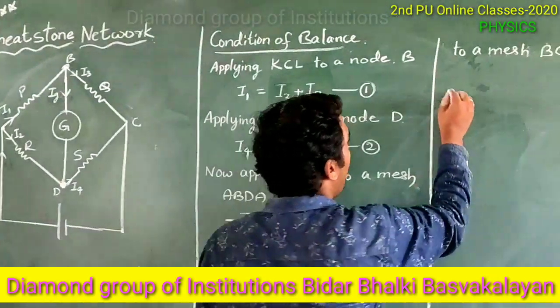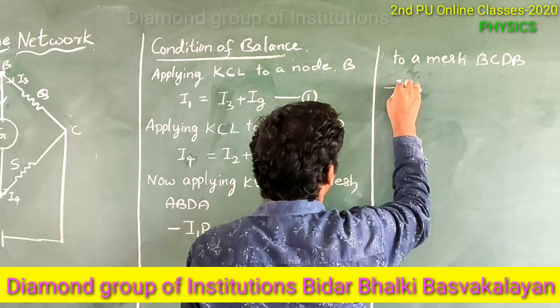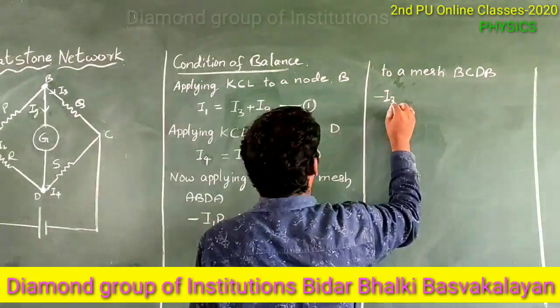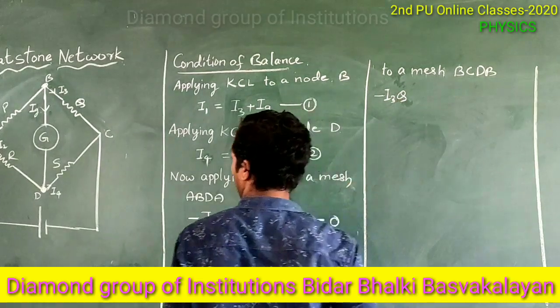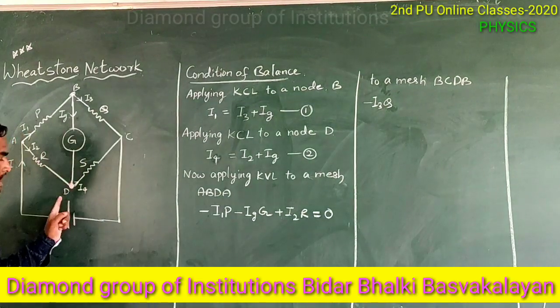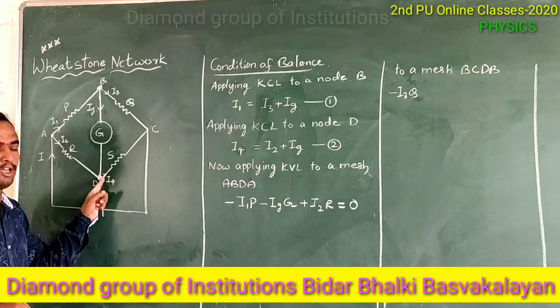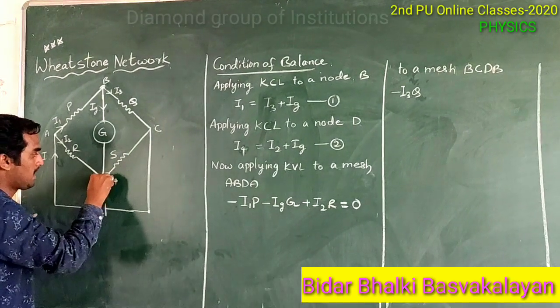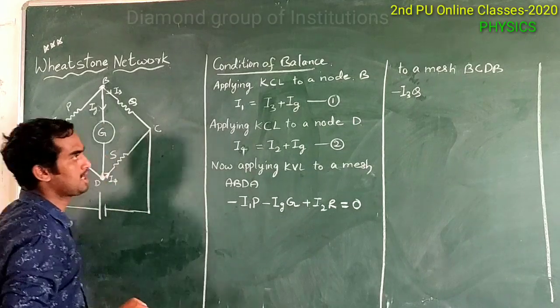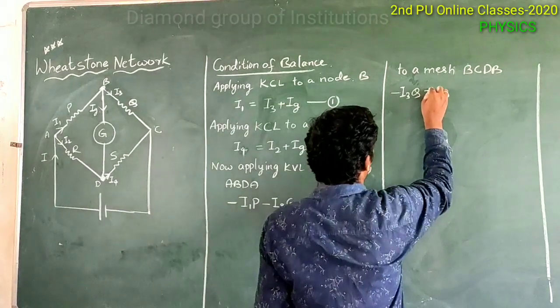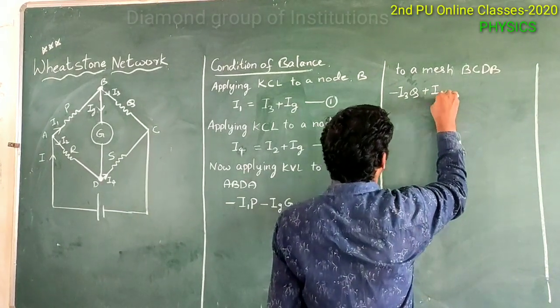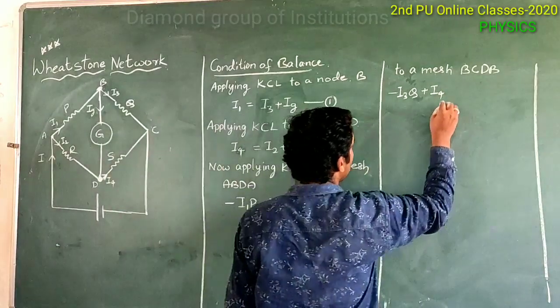So again minus. So what is the current there? I3. What is the resistance? Q. Next, C to D. C to D, the current direction is exactly opposite. So that's why it becomes plus. And what is the current? I4. What is the resistance? S.